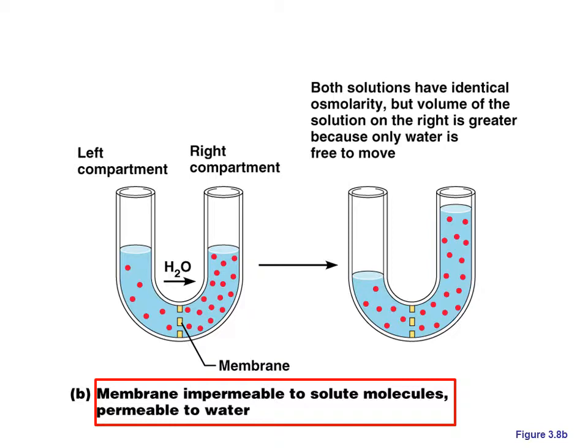So now we're going to look at what if the membrane restricts molecules from moving across. That means the membrane will be impermeable. So this membrane in this image is impermeable to solute. So the circles, the sugars, cannot move to the left for the first image. But water can move to the right. So therefore, water is going to move to dilute the concentration of that sugar.